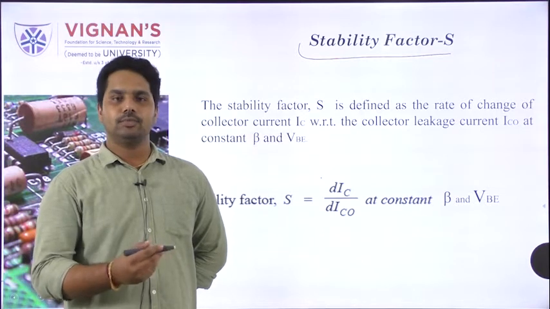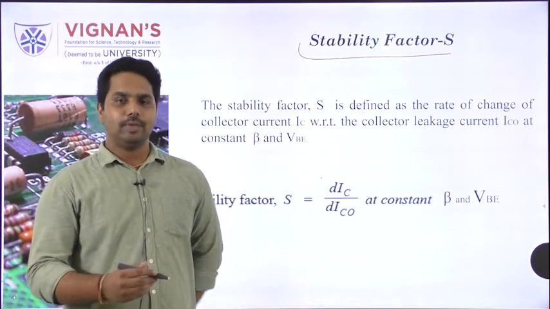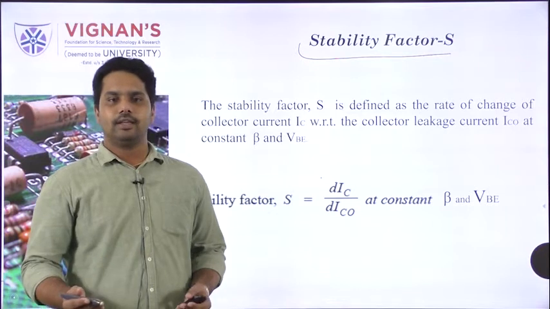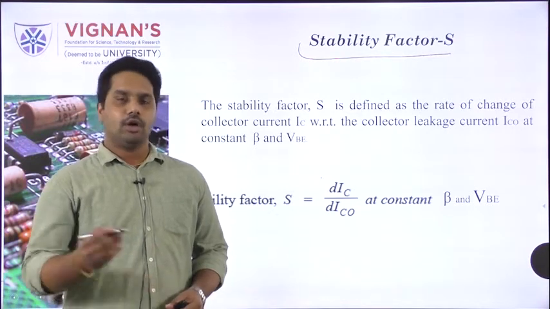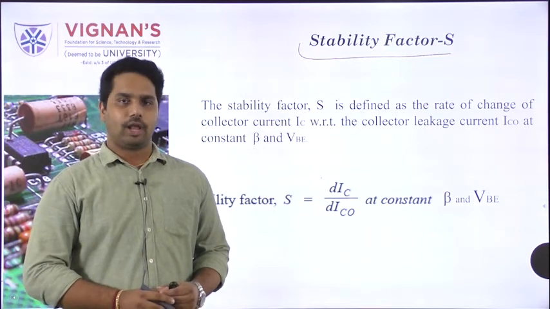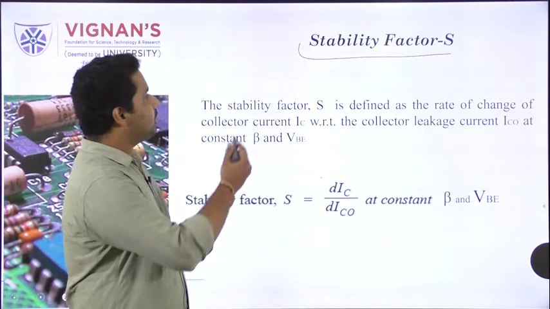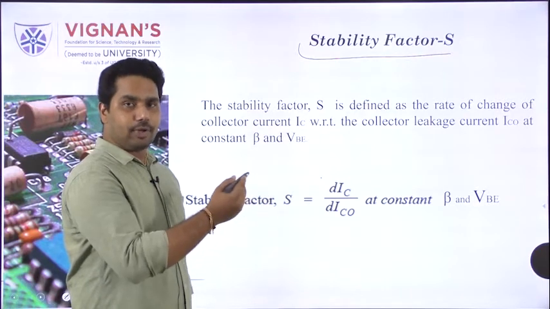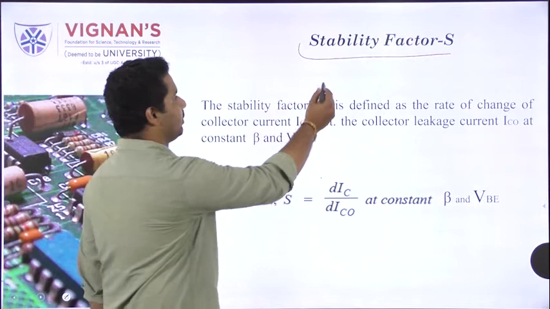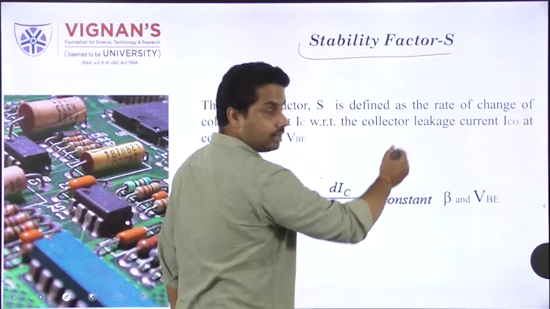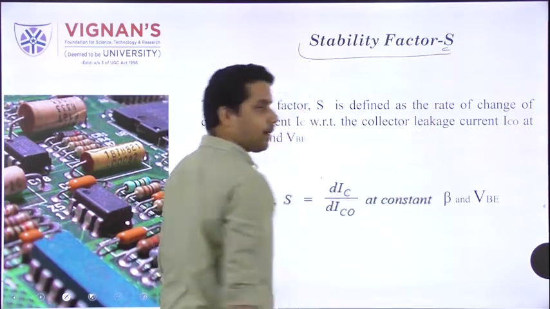Simply, I can say that the Q point is not changing according to temperature variations or variations in the transistor parameters. For measuring how stable our circuit is, we have a measurement called the stability factor, denoted with the letter S.